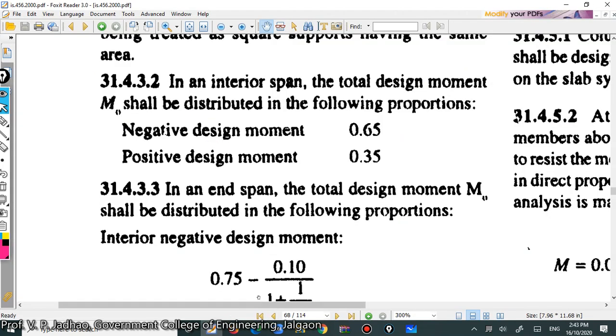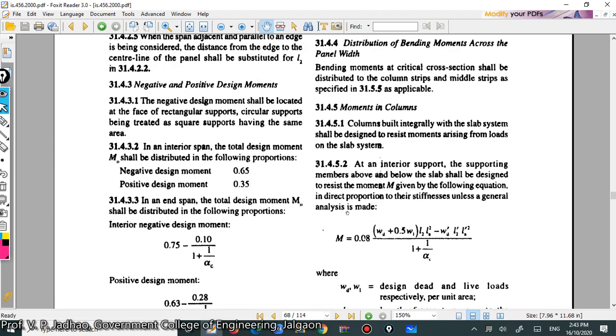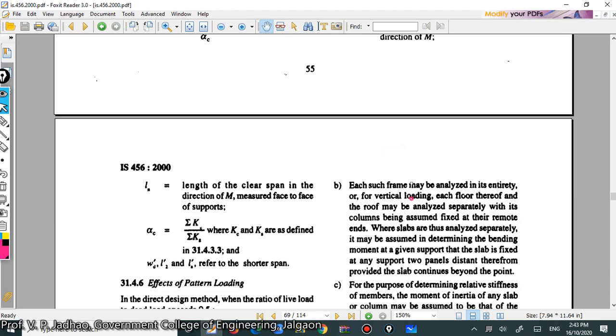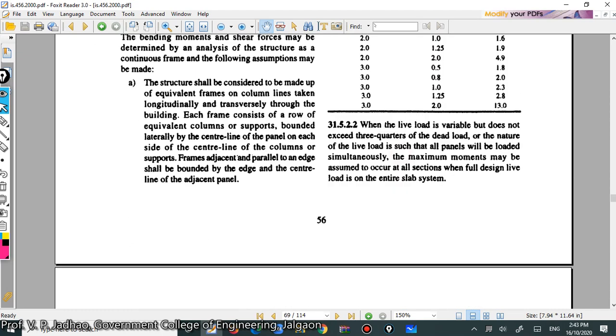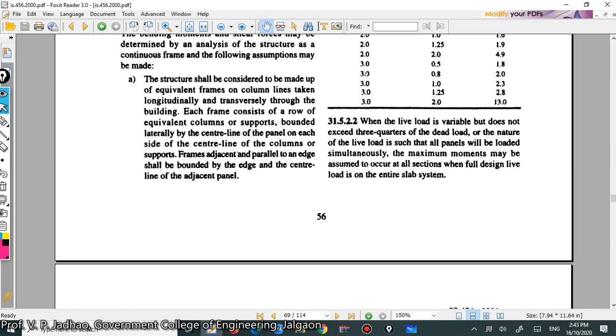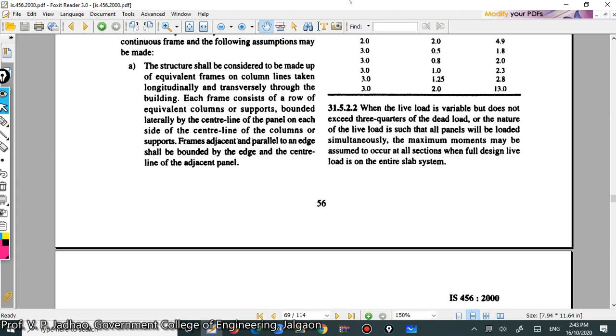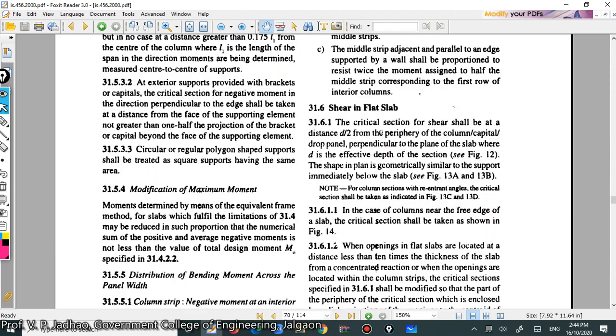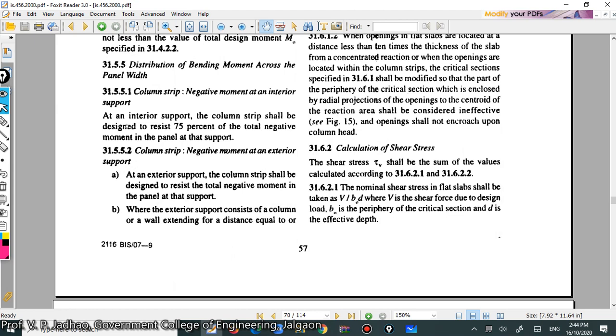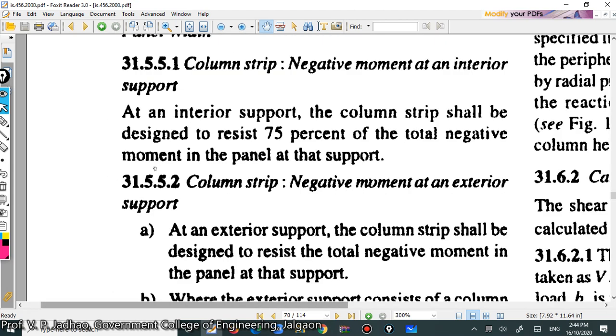At the same time, if you see, another clause is there, that is 31.5.5.1.